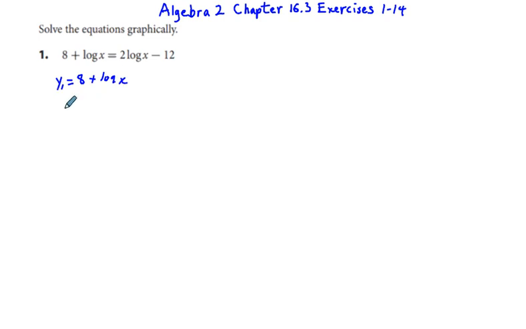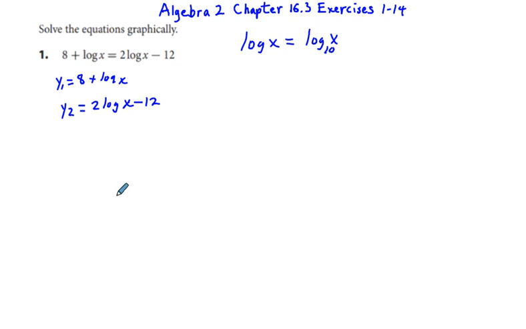And the right side of the equation we enter as y2 equals 2 log x minus 12. Now, in case you don't remember, when you see log x, what does that really mean? Well, that means that this, by default, has a base of 10. So that's what we have to look at.